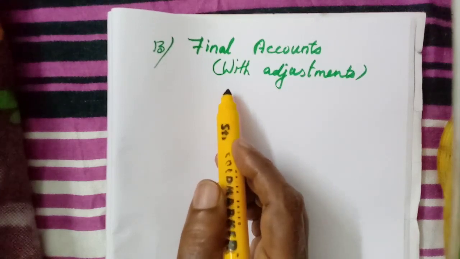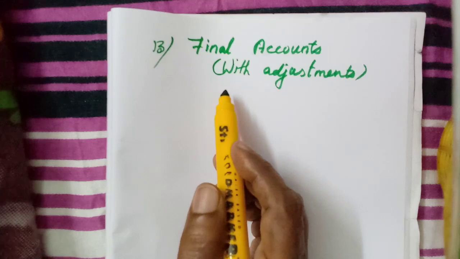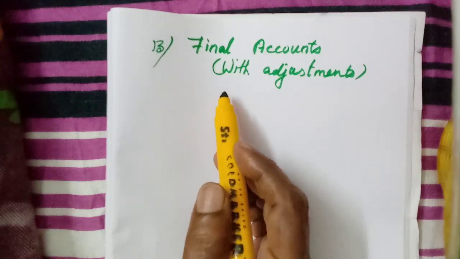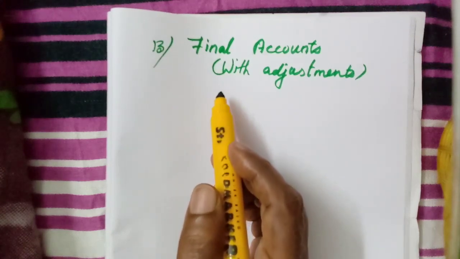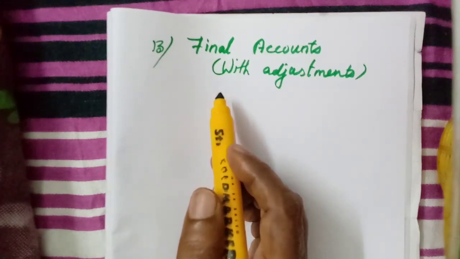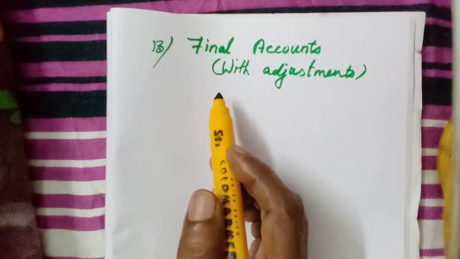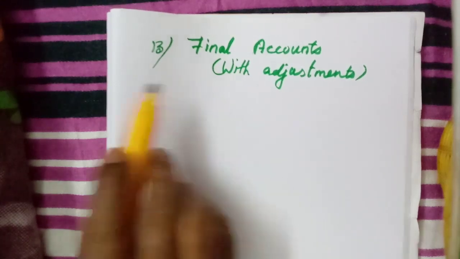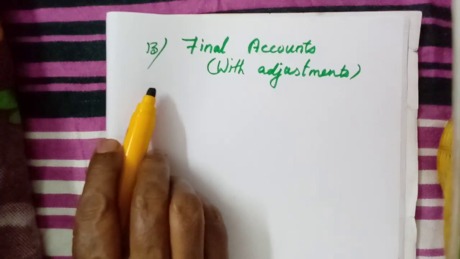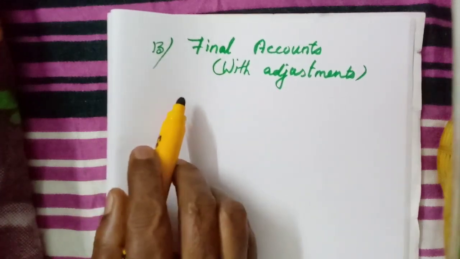But some expenses we may pay in advance, or we may have to pay some expenses, that means the outstanding we have not yet paid. So those expenses must be matched, because those expenses are related to that accounting period.